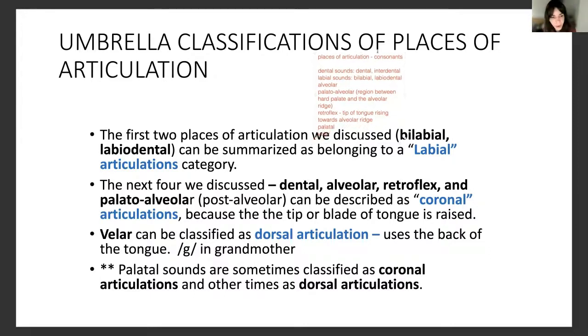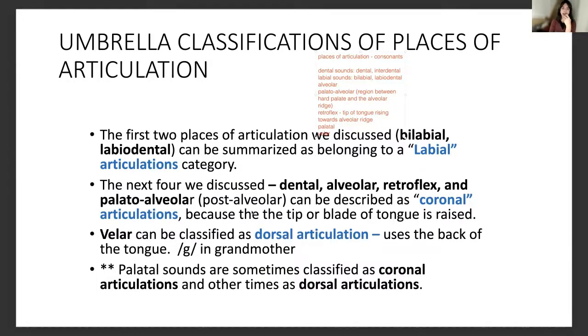So these four parts, dental, alveolar, retroflex, and palatal alveolar, are sometimes categorized as belonging to one class of sounds called coronal. So coronal meaning corona, crown, right? This is because in the production of dental, alveolar, retroflex, and palatal alveolar sounds, the part of the tongue that is used the most to produce all of those consonants is the tip or the blade.